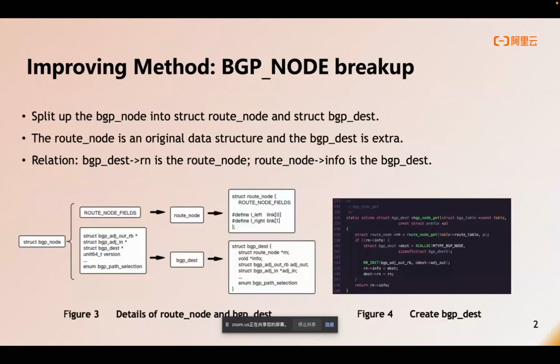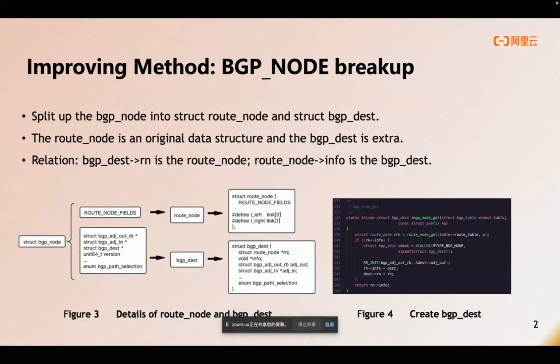So the improving method is to break up the struct BGP node. Split it into struct root node and struct BGP dest. The root node is the original data structure, and the BGP dest is extra. In the existing FRR code, the BGP dest is a macro definition with the same structure as BGP node, but what we are talking about here is a new one.